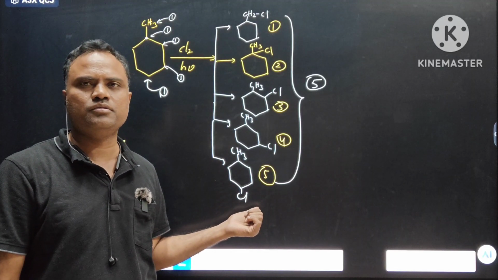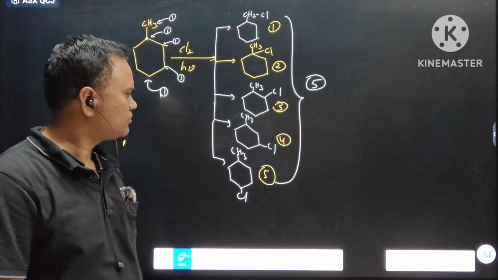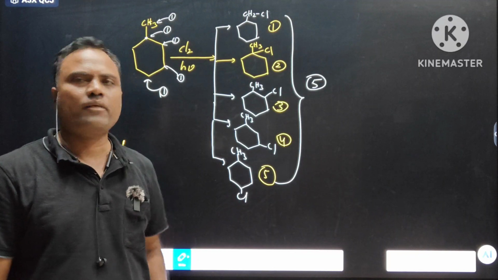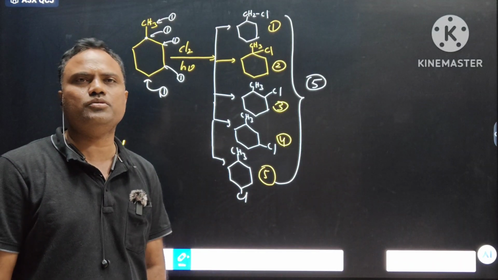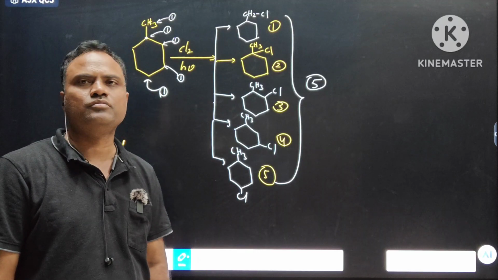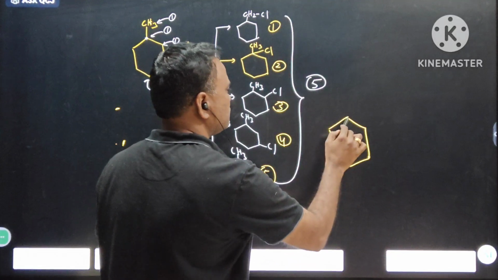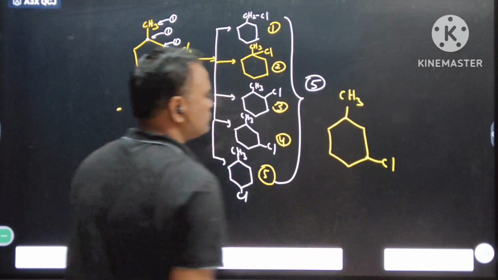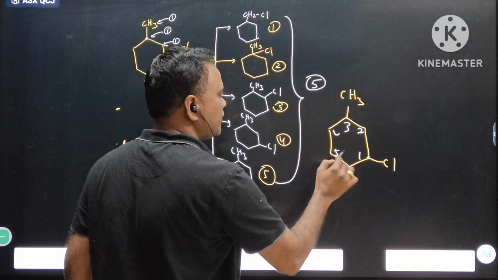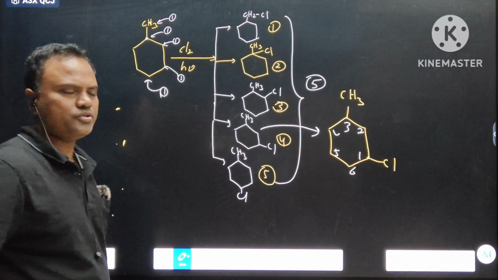What I am asking, give its name. What is the name of the fourth compound? 1, 2, 3, 4, 5, 6. 1-chloro-3-methyl cyclohexane is the fourth compound's IUPAC name.